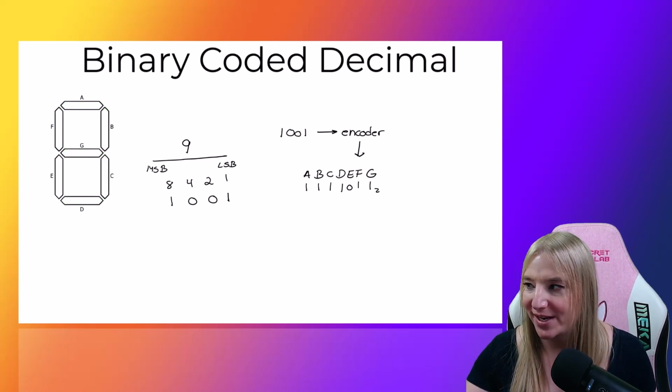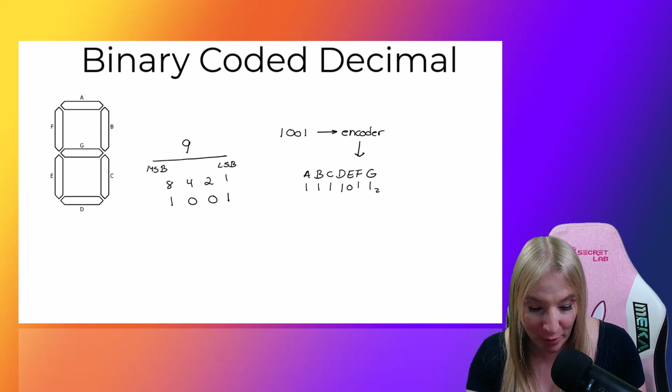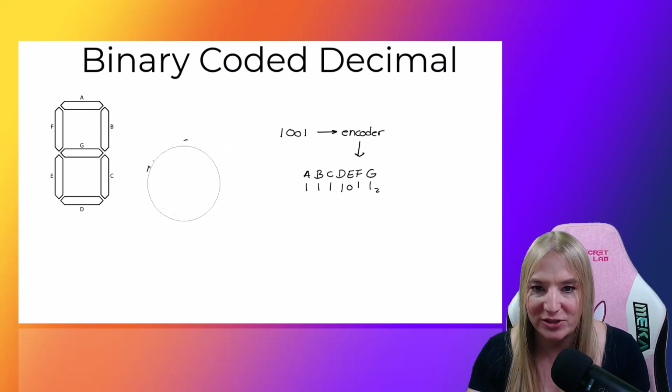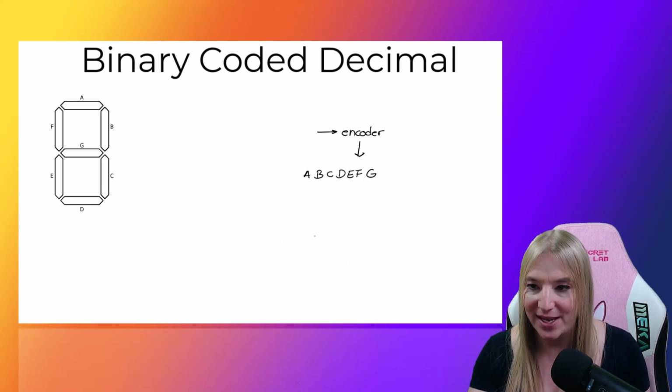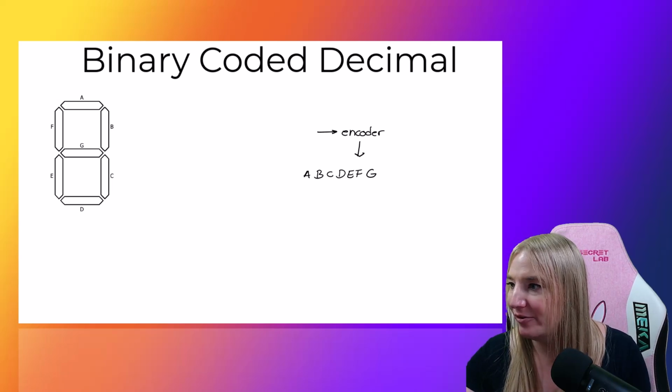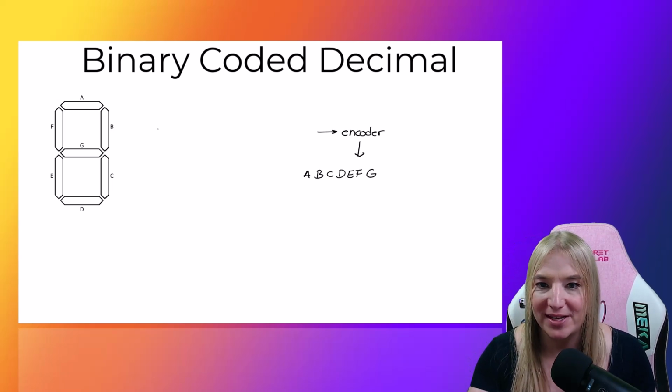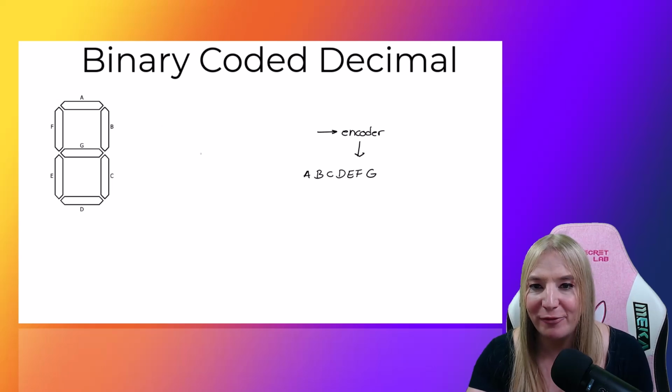Pretty cool, isn't it? Now the question usually comes up, and I'm going to talk about this real quick. One question that sometimes comes up with a lot of folks when they see this for the first time is, what happens if we have something like the number 12?